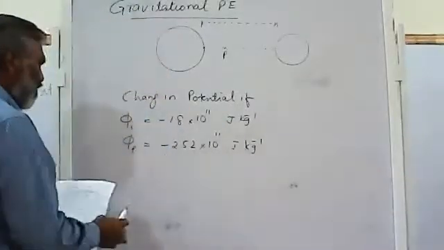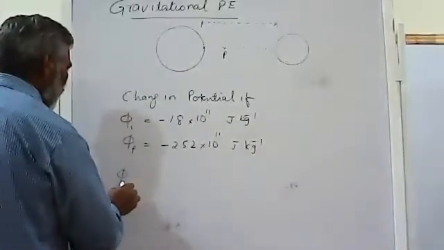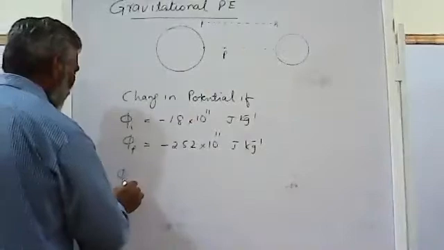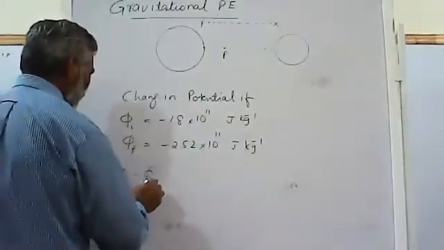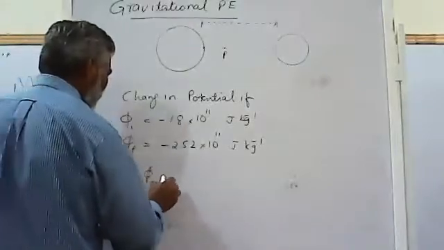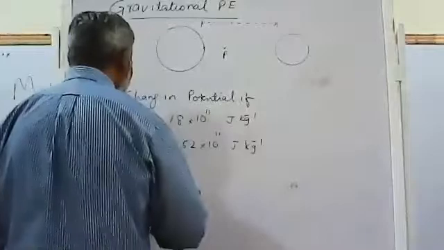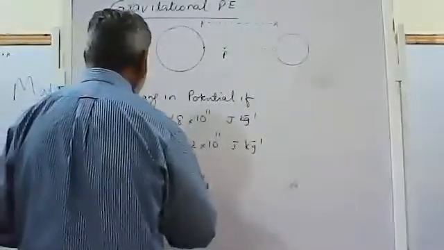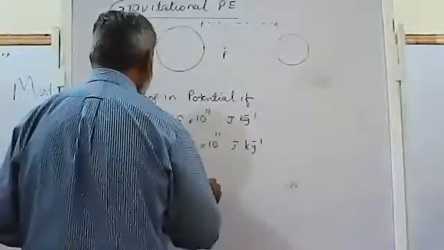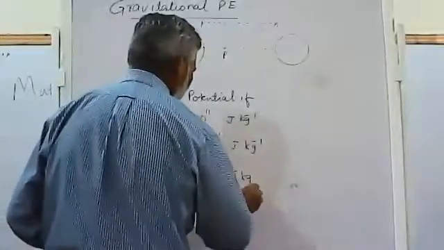If you take the difference of these two, I mean if you take it as phi initial minus phi final, you get the difference of these two, which comes out to be something like 7.2 into 10 raised to power 10 joule per kg.